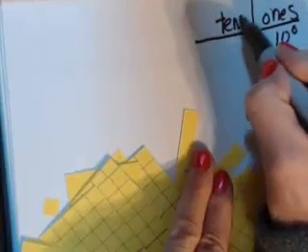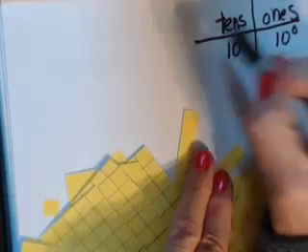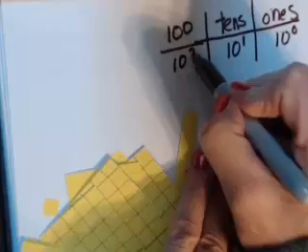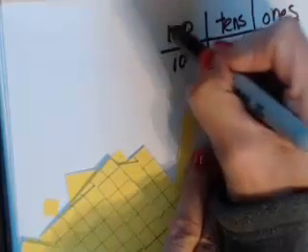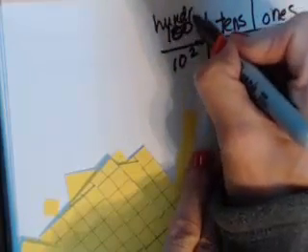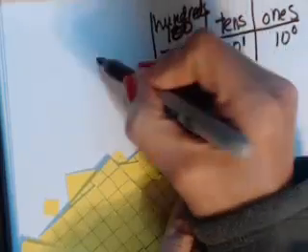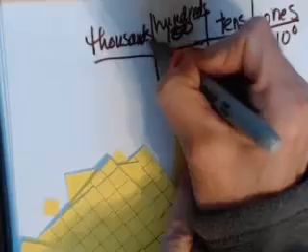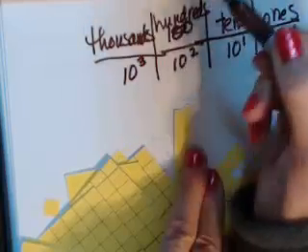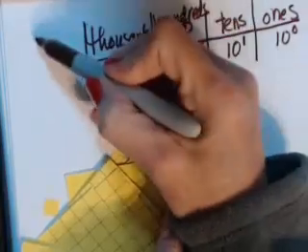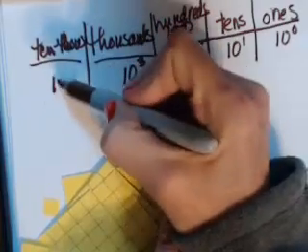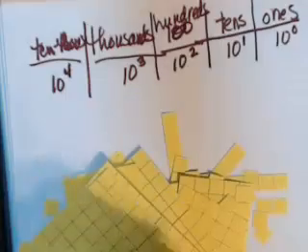Our tens place is 10 to the first power. Our hundreds place is 10 to the second power. Our thousands place is 10 to the third power. And 10,000s place is 10 to the fourth power, and so on.